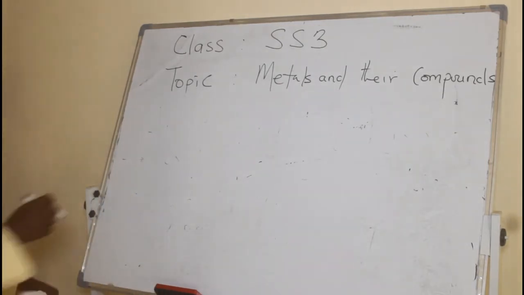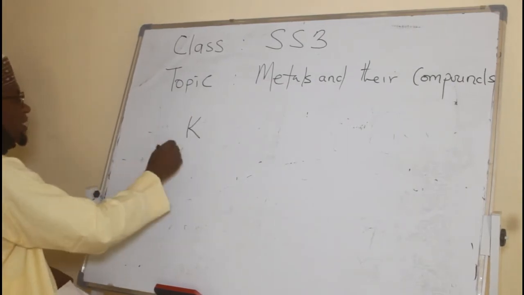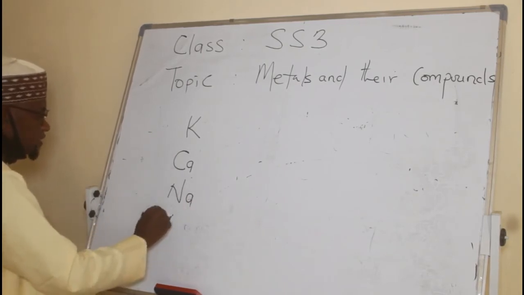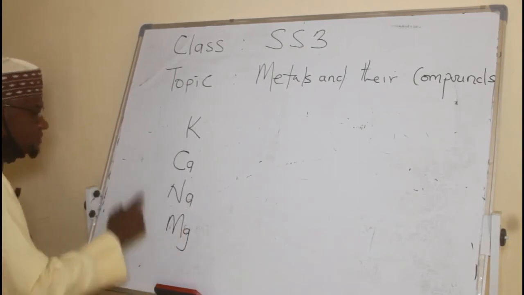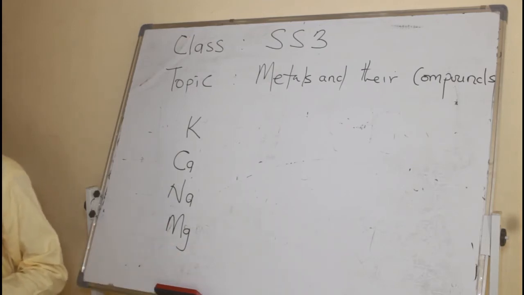Elements like potassium, calcium, sodium, magnesium. Let me just stop here. They are on top of the electrochemical series. When you look at your books, you will see the table is right there. All the common elements are there. As you are going down, the reactivity decreases.